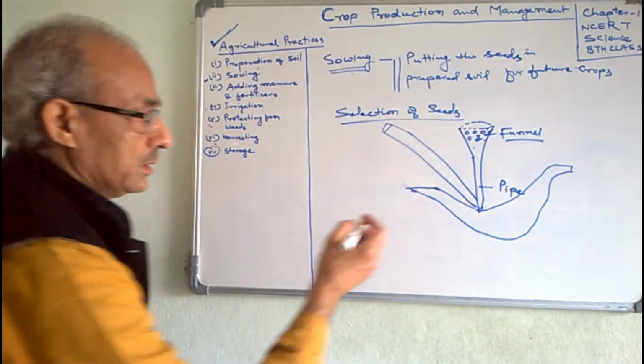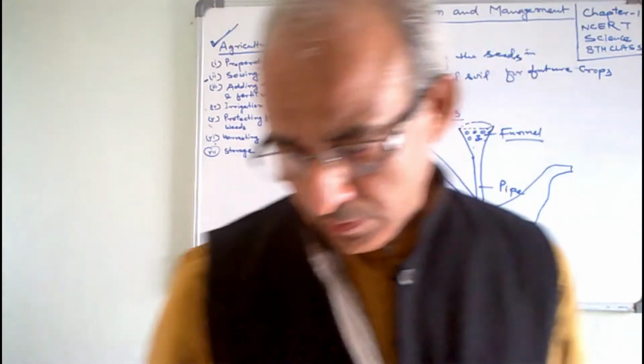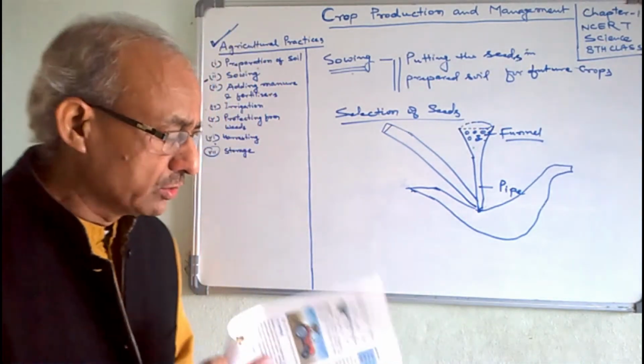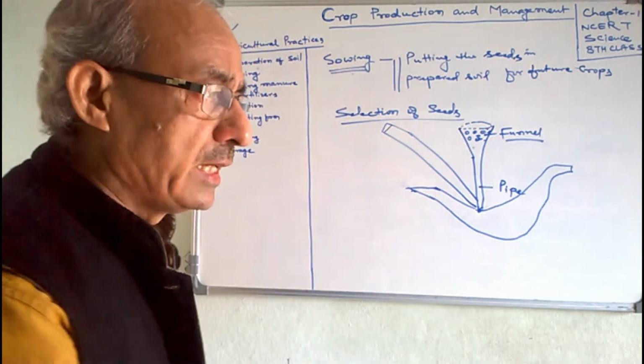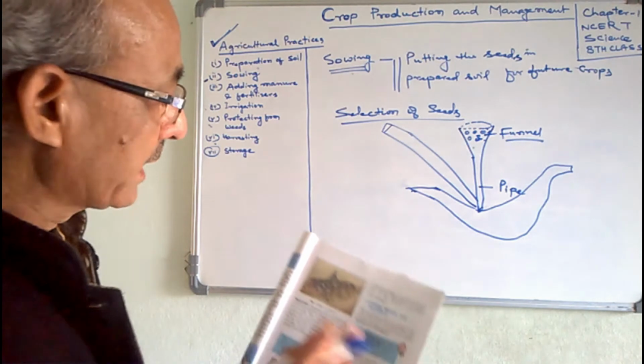But the rich farmers are using seed drills. The structure of seed drills is shown in your book. You may see here. Seed drills are fixed with cultivators pulled by the tractor.